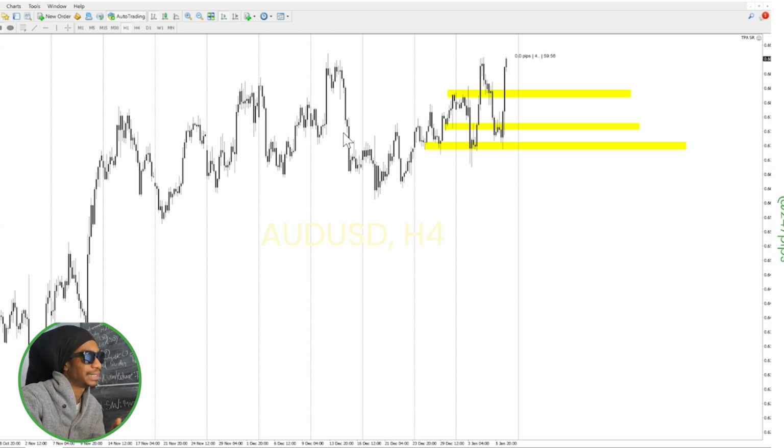Given where price is right now, at the previous high area, I'm going to look for some type of retracement, come back down to these lower supports, and get a bullish candle to come into the market. Once we get a bullish candle, the EA will be able to act on the idea, put our entry in, put our stop loss in, at the proper risk management.